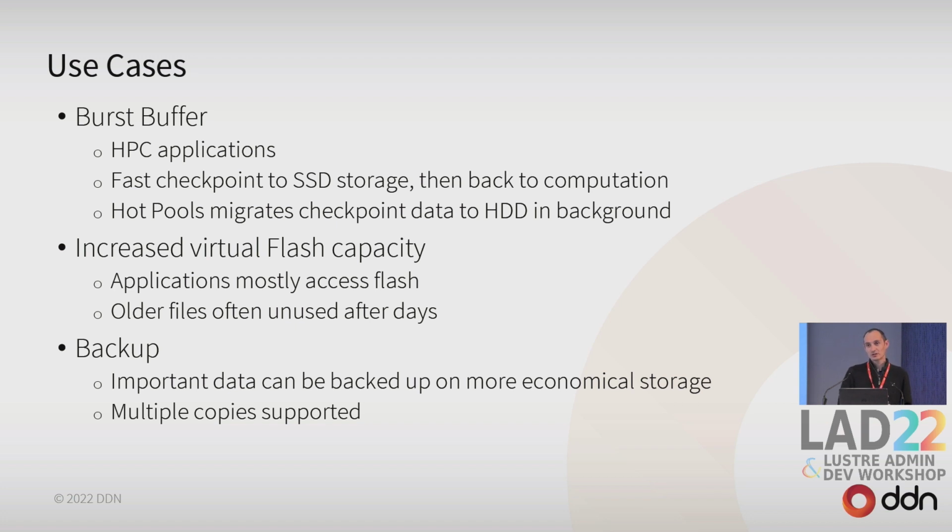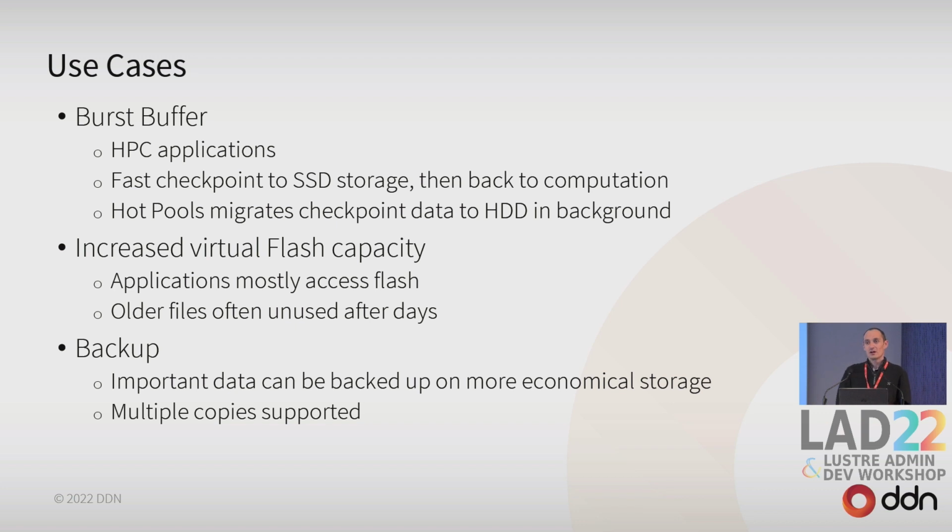The other use case is that with this feature, we have virtually infinite flash capacity. If you consider that an application uses files for some time and then they are barely accessed again, it means that your application will always use files, create new files, and use them when they are on the flash pool. And then once they are mirrored to the disk pool, they are barely accessed.